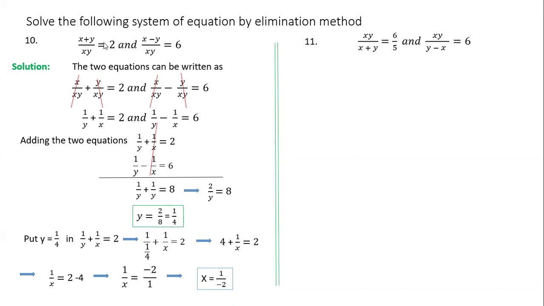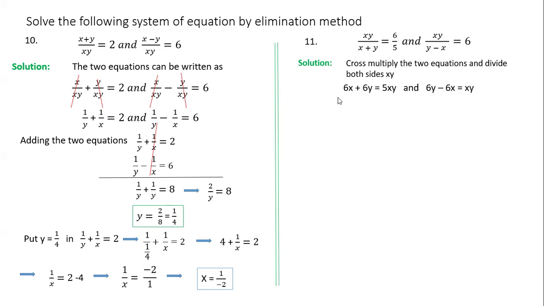Now, xy was in the denominator, you follow this. If xy is in the numerator and x plus y, if this is the case, then what do you have to do? In this case, cross multiply the two equations. That means 5 into xy and 6 into x plus y.